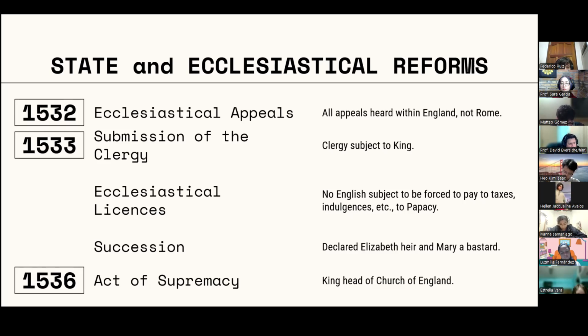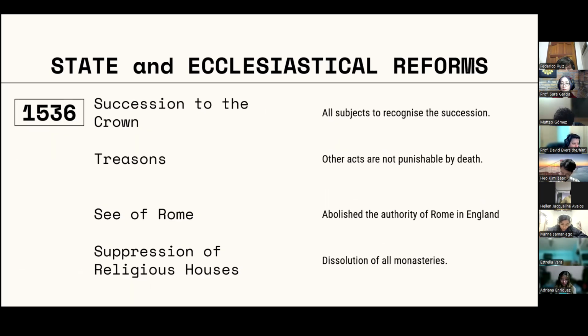So what happens? When specific people did not submit to him, like Thomas More, who was later declared a saint for not submitting to him, he now has legal justification to execute them, to get rid of them. And it's all codified and established and very orderly, very legal proceedings, where if you do not recognize my authority as King of England, then you are a traitor to England. That's essentially what the Act of Supremacy was for.